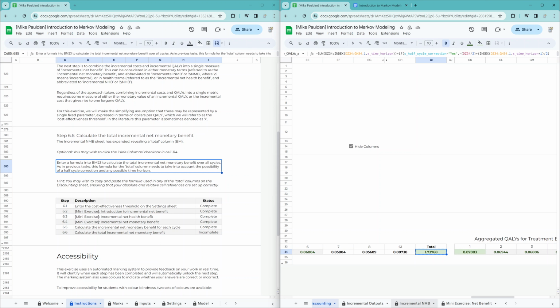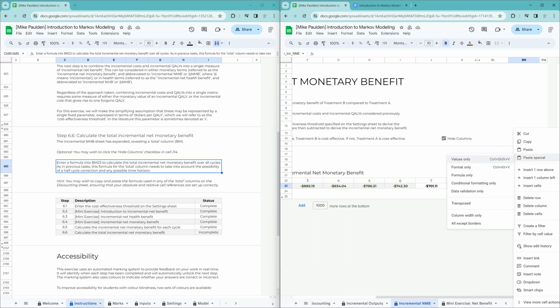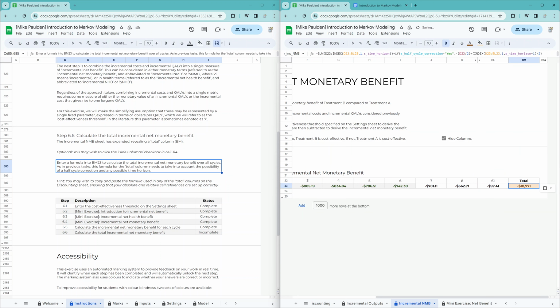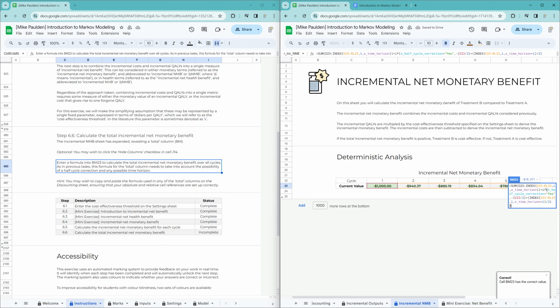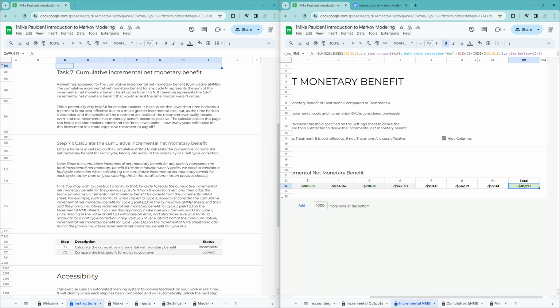We'll go into incremental net monetary benefit. And because we're dealing with dollars, it's very important not to paste the formatting, just paste the formula. And you see, this is going to work because it just references these cells here. And it sums them, accounting for the half cycle correction, accounting for what the time horizon is. And yeah, it likes it.